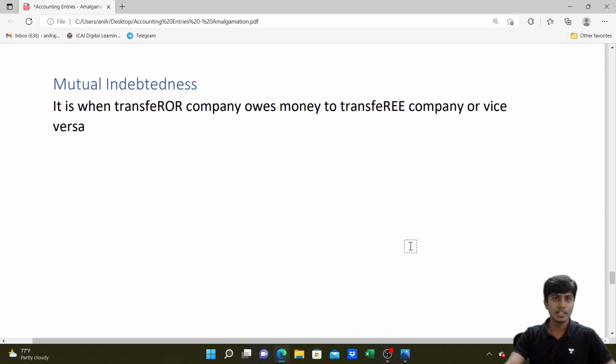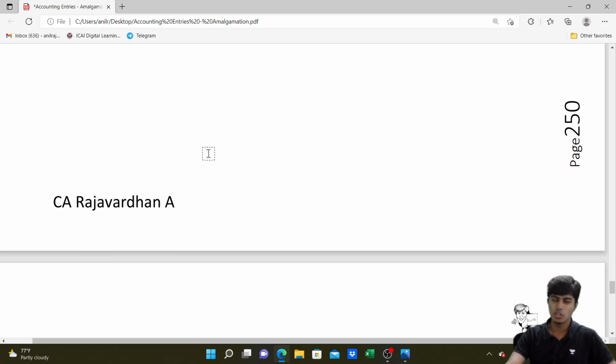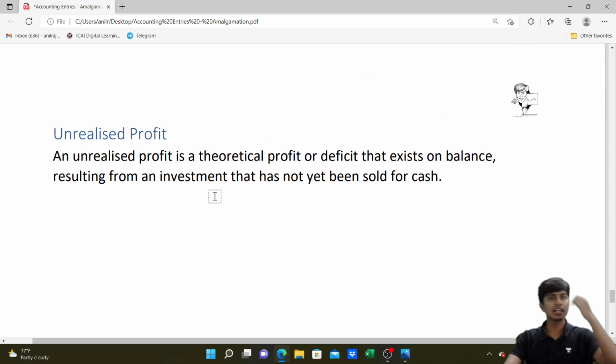Then we have mutual indebtedness. What is it? It is when the transferor company owes money to the transferee company or vice versa. This is a small explanation for each one. What is unrealized profit? Unrealized profit is a theoretical profit or deficit that exists on balance resulting from an investment that has not yet been sold for cash.